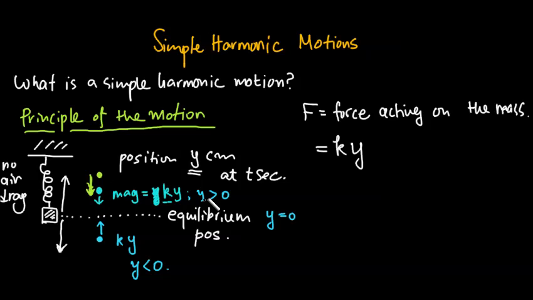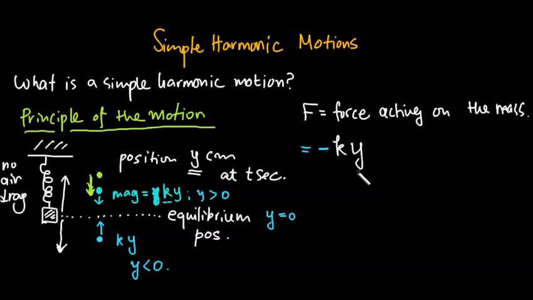When y is positive, the direction of the force is downwards, so the sign of this force must be negative. Right now it has k positive, so it's not matching. We have to fix our formula to the opposite sign.